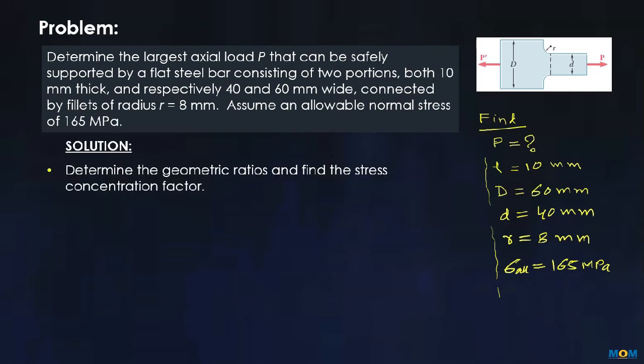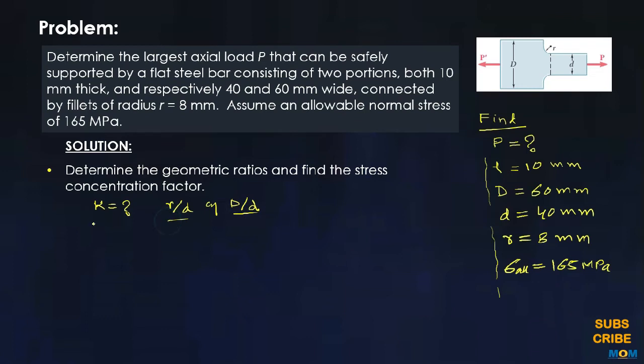First of all, we have to determine the geometric ratios and find the stress concentration factor. So we have to calculate the value of K by using that plot we have just seen, using the ratios of R upon d and D upon d.